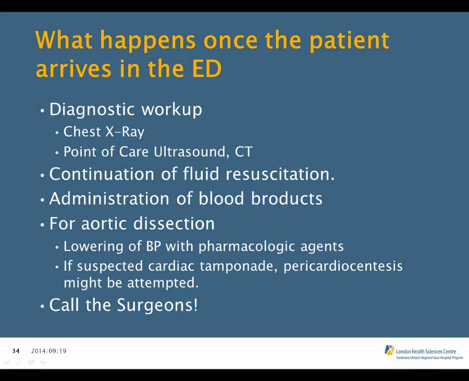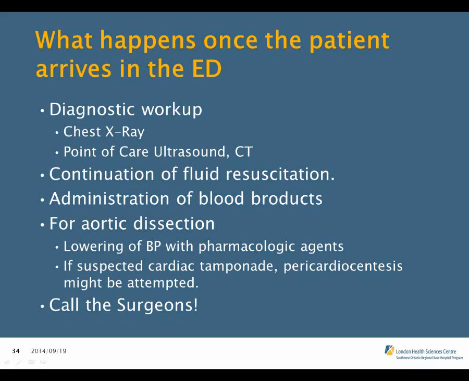We will be continuing the fluid resuscitation and also administering blood products for these patients. With aortic dissection, a couple important key points that we do is we lower the blood pressure. So, as I said, these patients are often hypertensive, and that high blood pressure is just worsening that tear. It's causing the tear to further go down the aorta. And if we can lower the blood pressure with some drugs, specifically we use labetalol, then we can help minimize that tear.